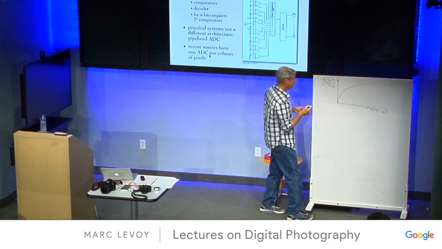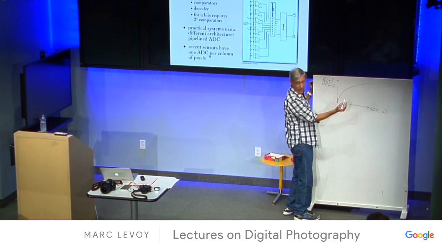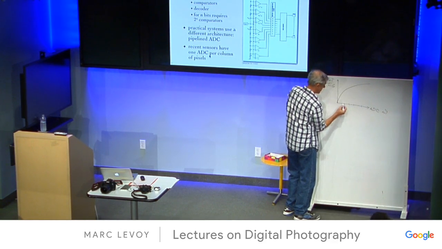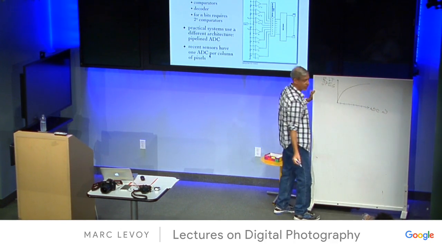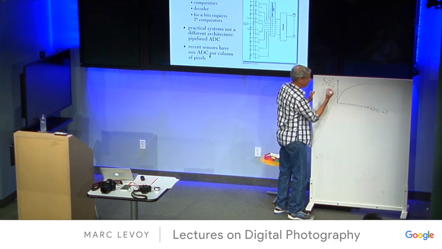Suppose we divided this into, let's say there were only 3 bits in our ADC. So there'll be 8 of those, and there'll be 256 bins here.